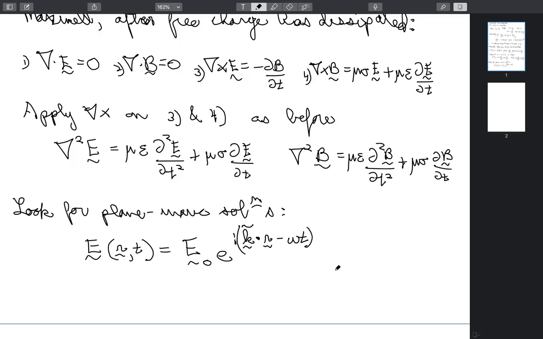Now, when we substitute this exponential form in this equation, you see immediately if I take a second space derivative, I'm just going to get k twiddle squared. And if I do a time derivative, I'm just going to get a minus i omega. So if I solve this equation for any component of E, I can just look at the factors that come out of the differentials and equate these things.